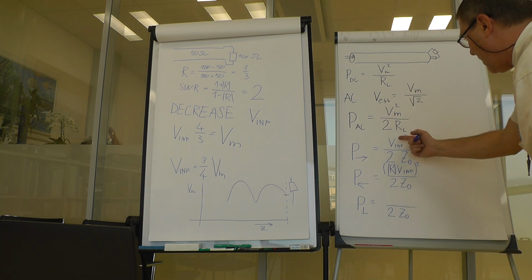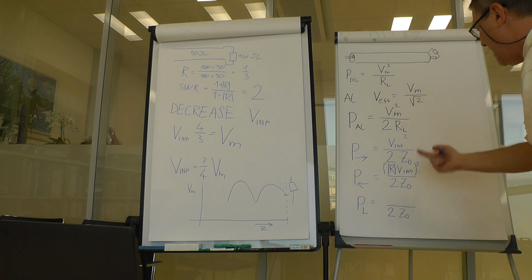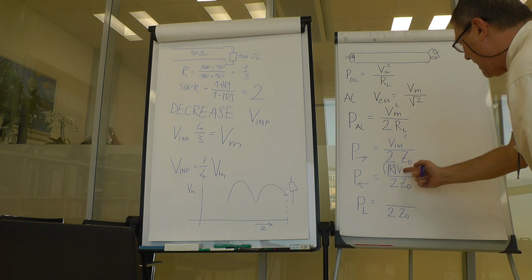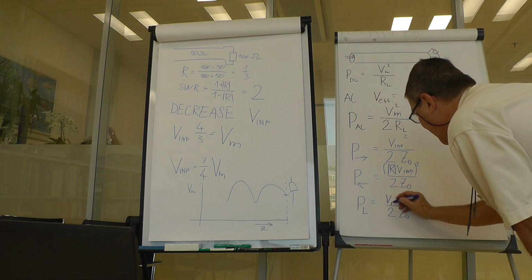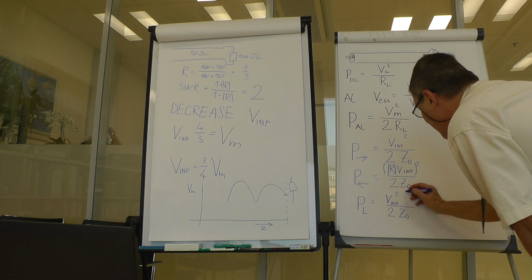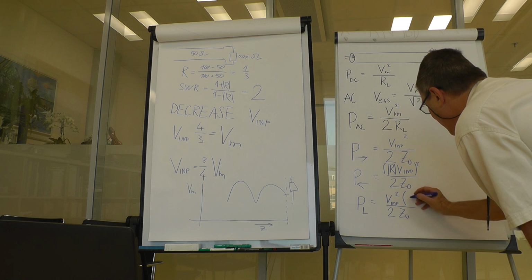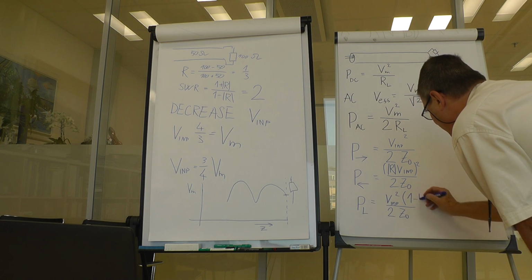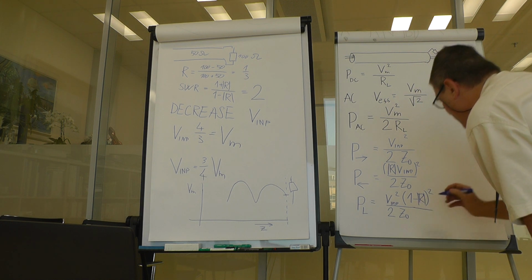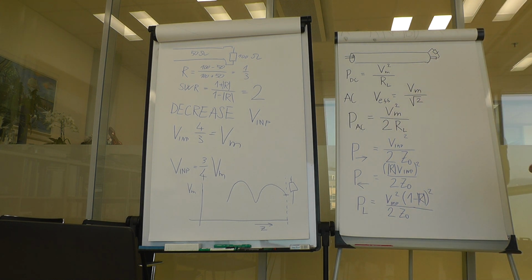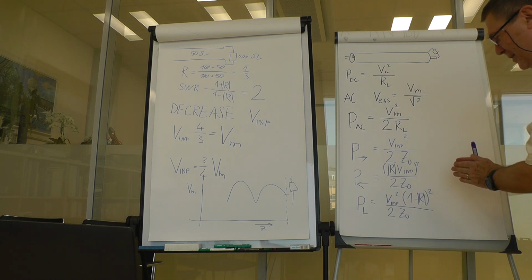And now we have input voltage squared minus R input voltage squared. So we can put the input voltage squared times 1 minus R squared, and this is the amount of power that would remain in the load.